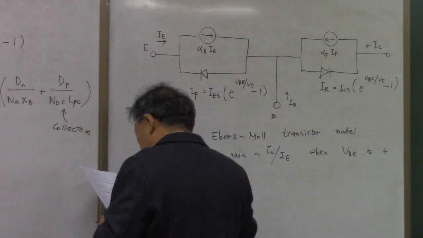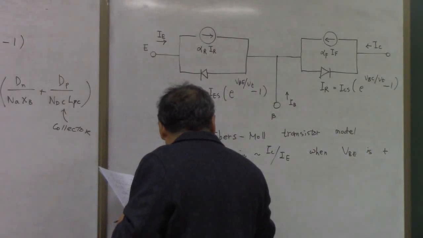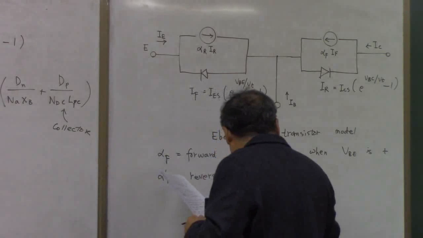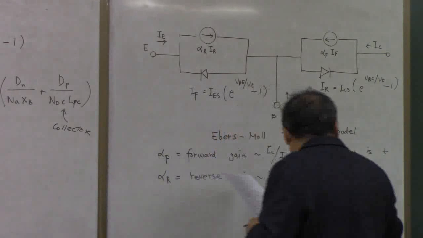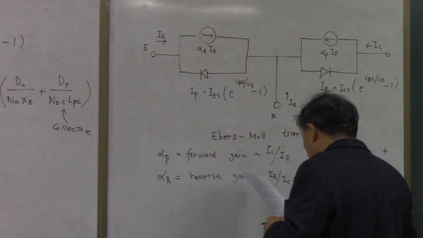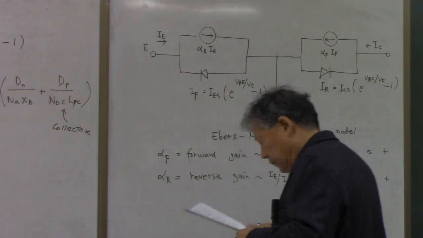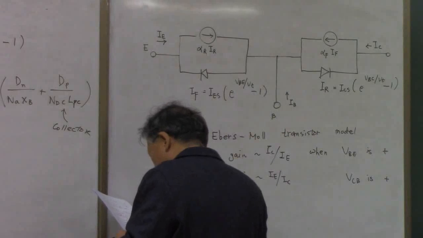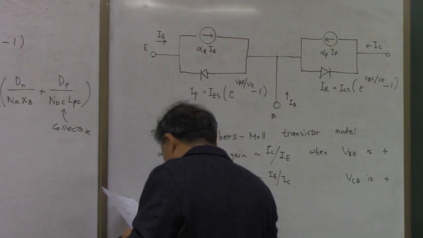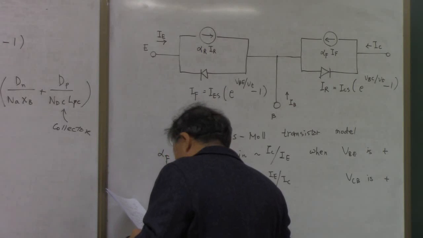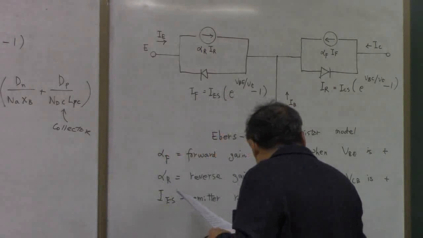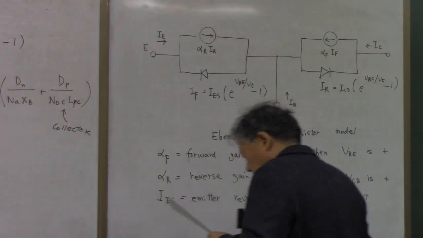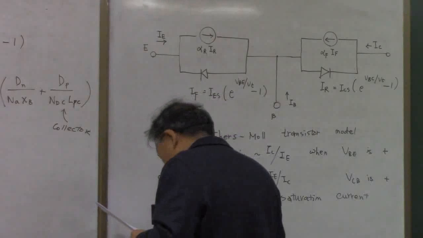And alpha R is the reverse gain, IE over IC when VBE is zero and the collector-base is forward biased. IES is the emitter reverse saturation current, and ICS is the collector reverse saturation current.